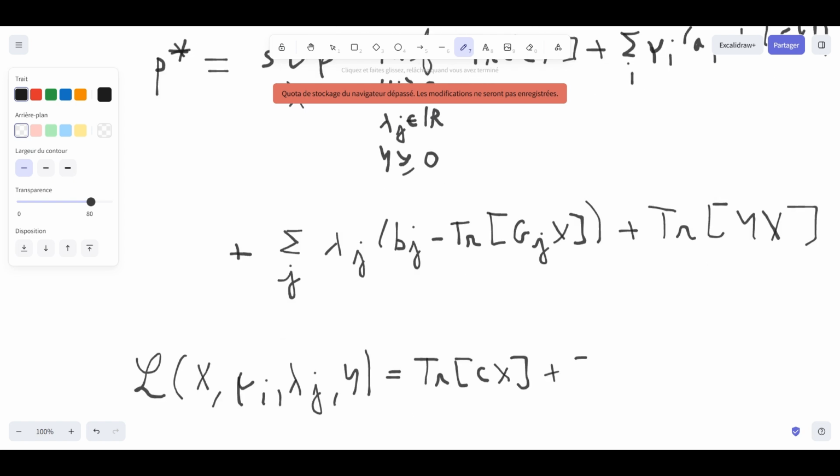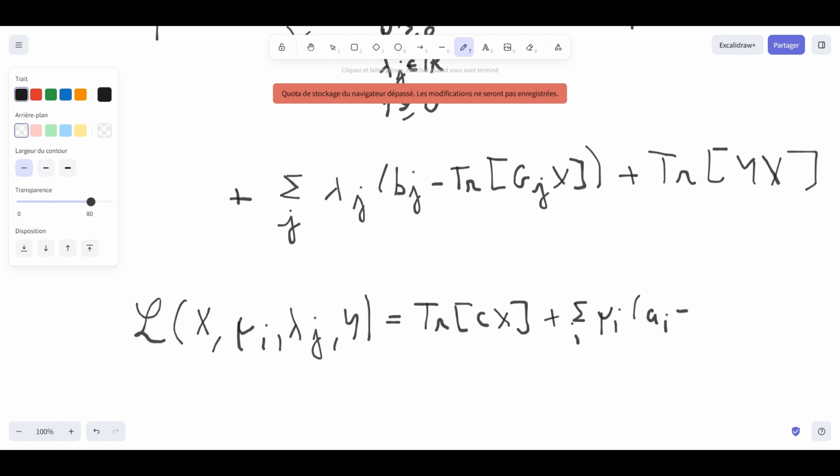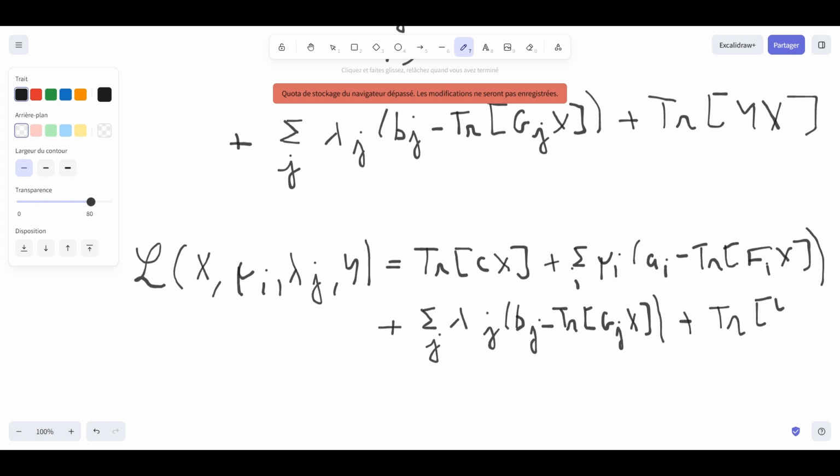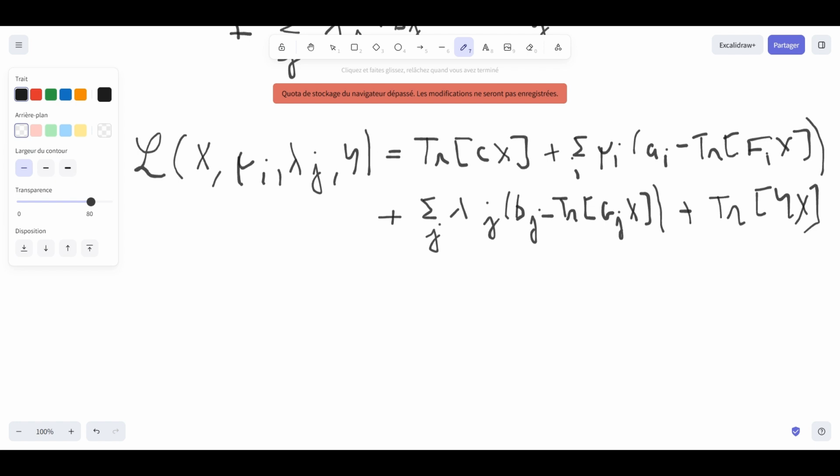That's the Lagrangian. So that's called the Lagrangian, and the three stuffs are called dual variables.